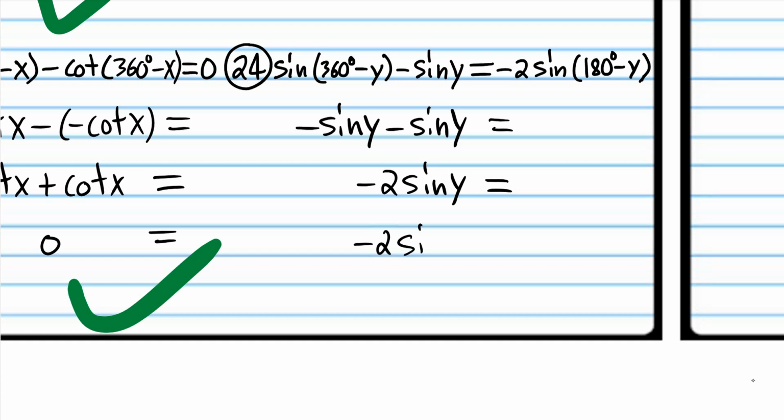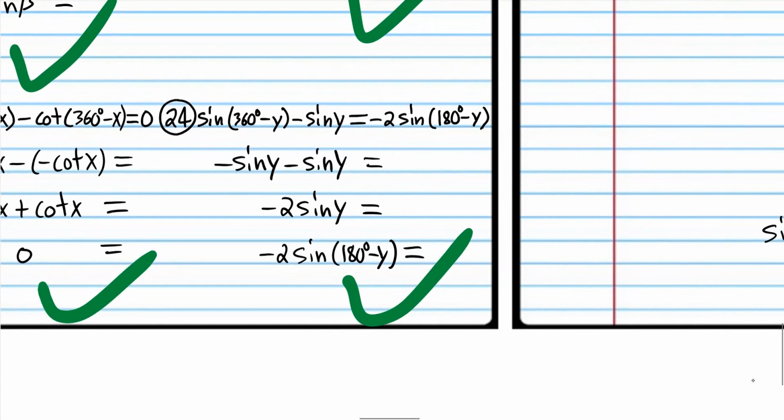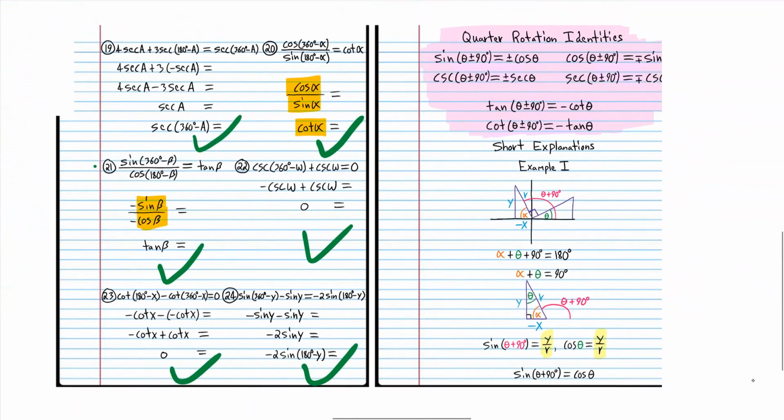And we can change that to negative 2 sine 180 degrees minus y. If you have those equations in front of you, you see that that works. But in that case, we were going right to left. Alright, so if you got that one right, good job.